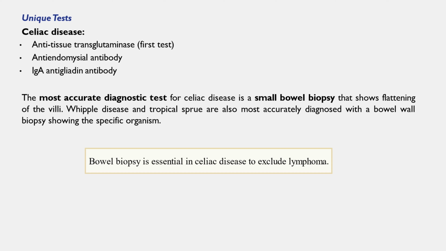Here in this slide, slide number 4, we are saying that the most accurate diagnostic test for celiac disease is small bowel biopsy, which shows flattening of the villi.